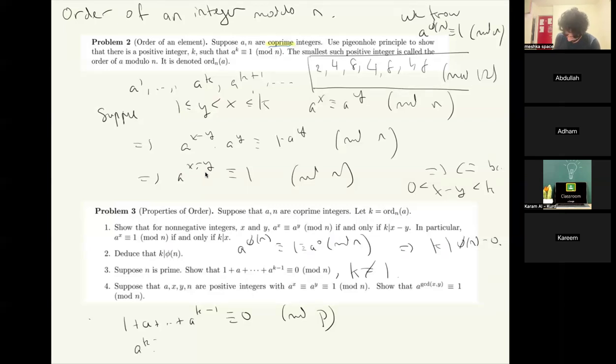A to the K minus 1 is equal to A minus 1 times 1 plus ... plus A to the K minus 1. So we start with A to the K minus 1 is congruent to 0 mod n, and then we factor the left-hand side as A minus 1 times 1 plus all the way to A to the K minus 1, which is congruent to 0 mod n.